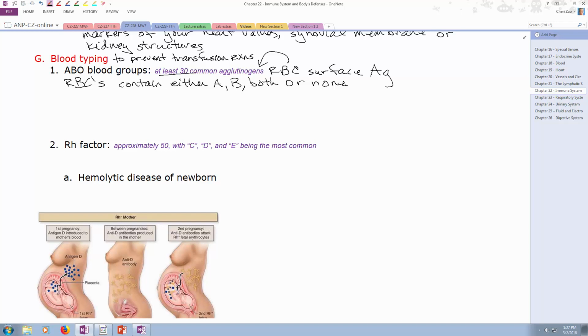What's interesting about the ABO blood groups and these surface markers is that we actually have built-in or preformed antibodies to the blood group that we are not.